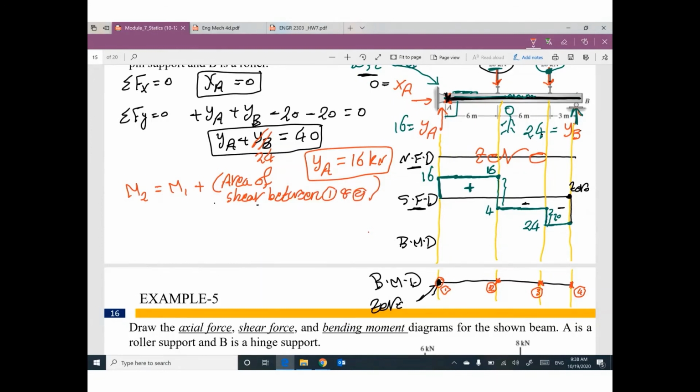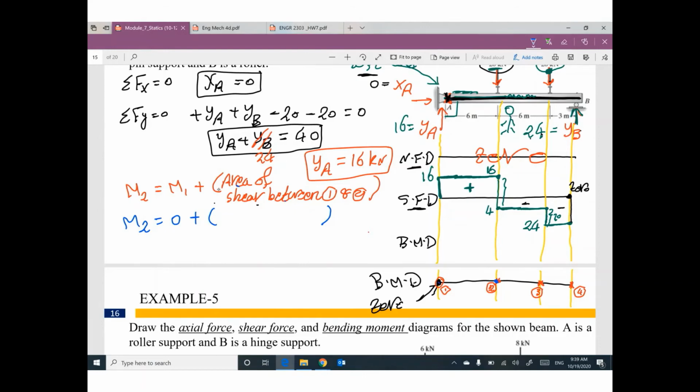I'm sorry. We are looking for the value at position number 2. What is the value of moment here? It equals the previous value. What is the previous value for this point? The previous value is M1. What is the value of M1? 0. Plus the area of the shear force diagram between 1 and 2.